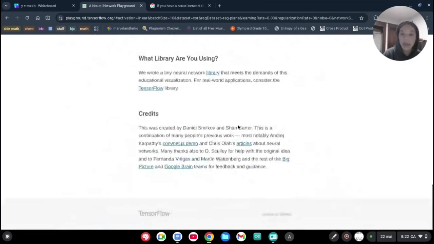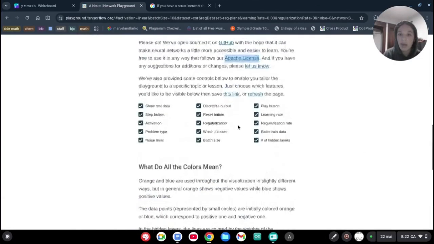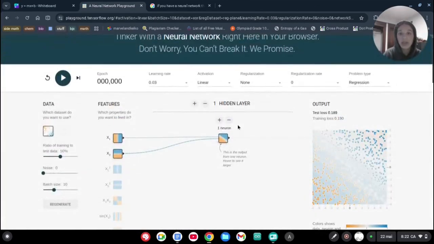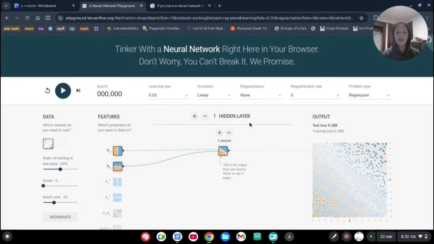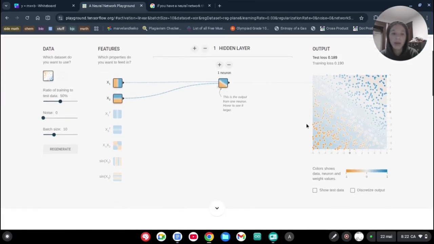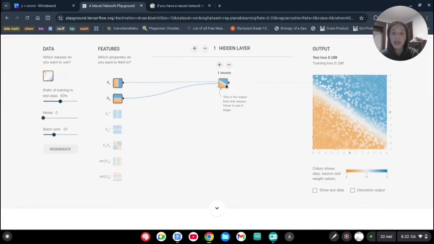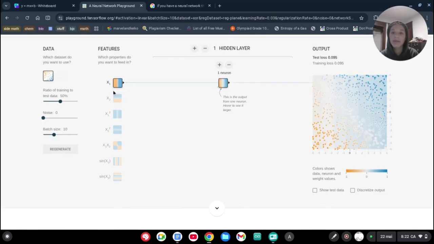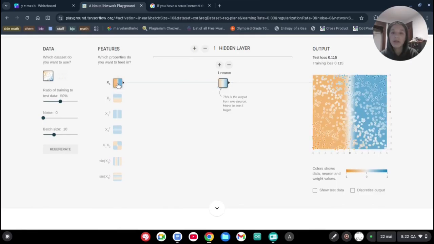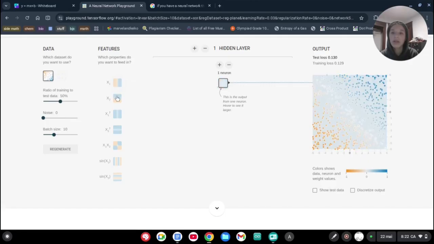Basically they created this online tool to visualize how neural networks learn, maybe. I honestly am not too familiar with it, but can we change this somehow? What does this do?